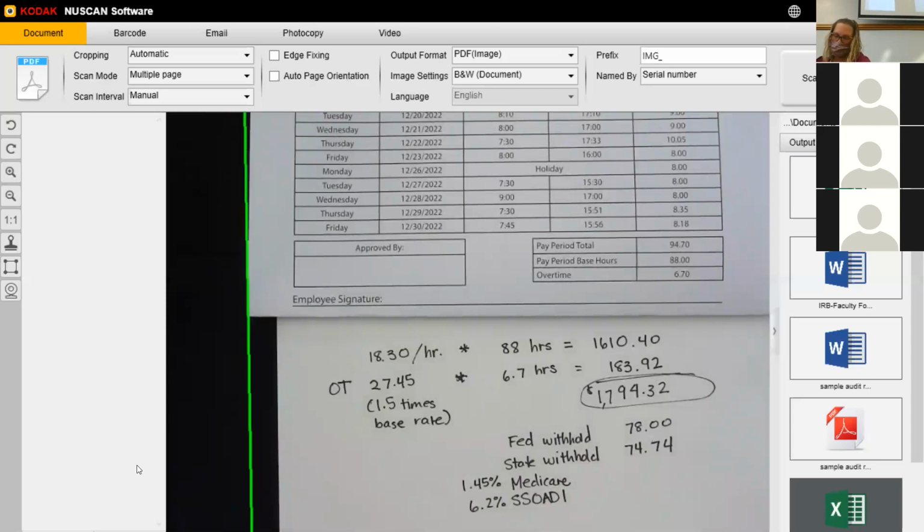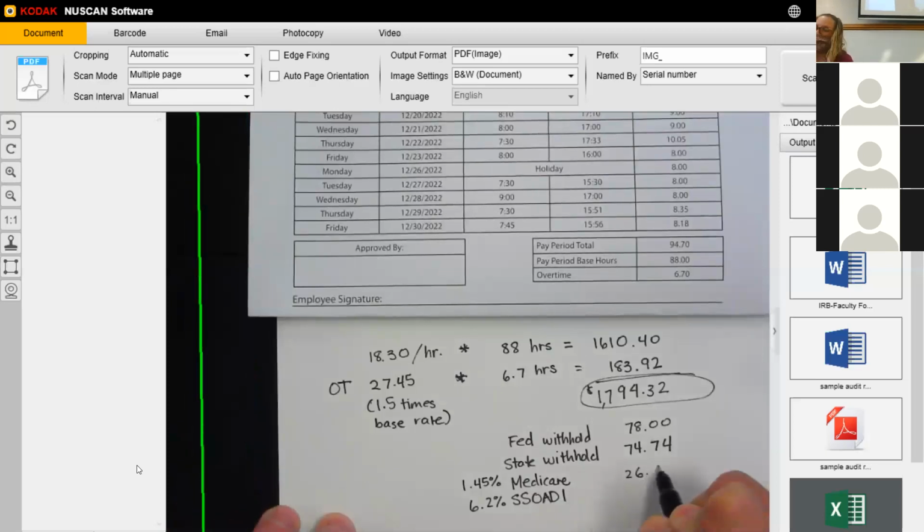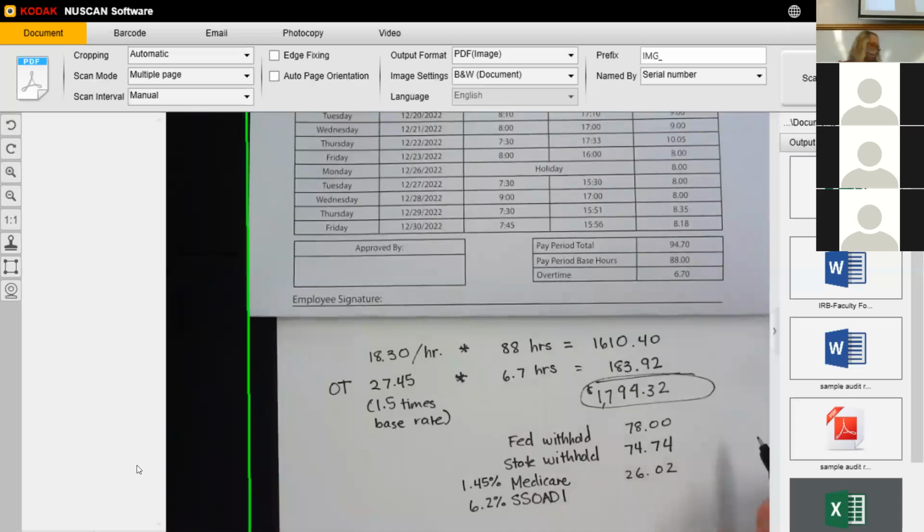I get 26, call it 26.02 for her Medicare.